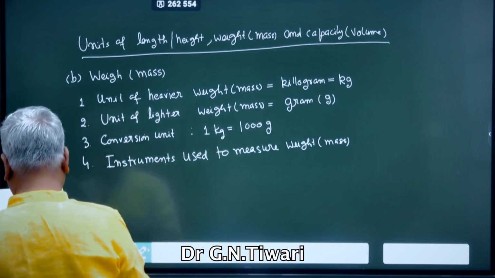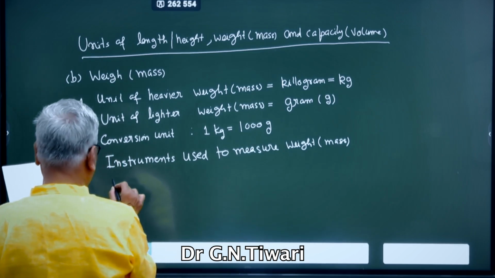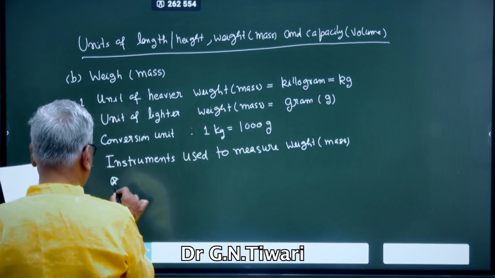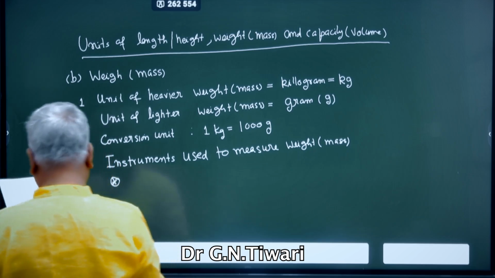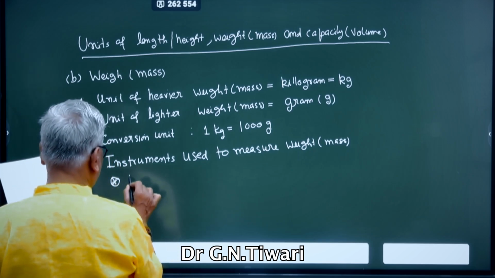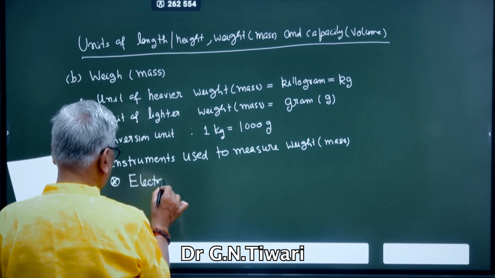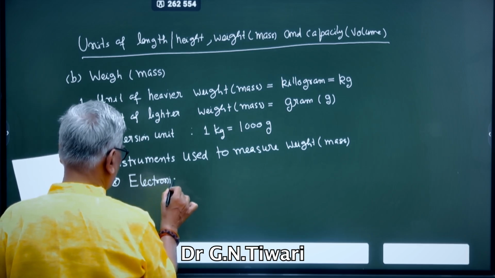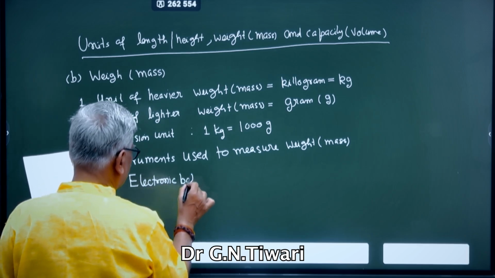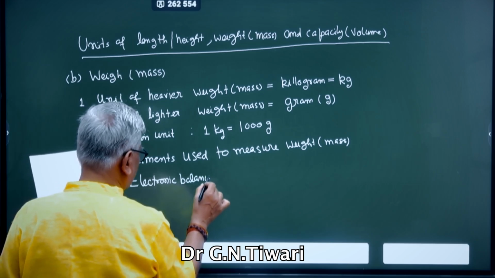Now see. First is the electronic balance. It is available everywhere in the markets.